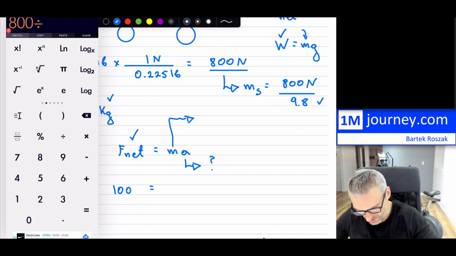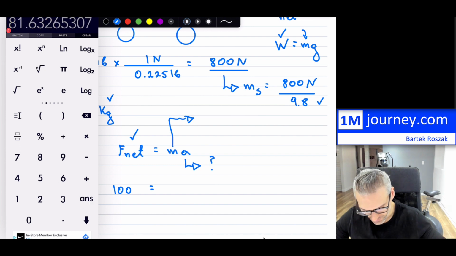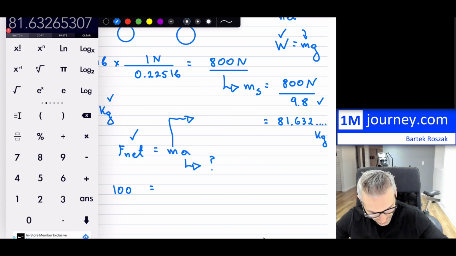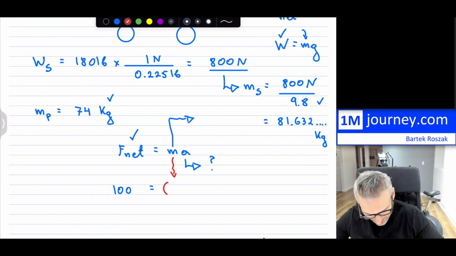So I take this and divide it by 9.8, and that gives us approximately 81.632. Again, you can keep more decimal places. This would be in kilograms. So my total mass is going to be the mass of the patient, which is 74, plus the mass of the stretcher, which is 81.63, etc. I left it on the calculator, so this is not going to be very difficult for me to grab.